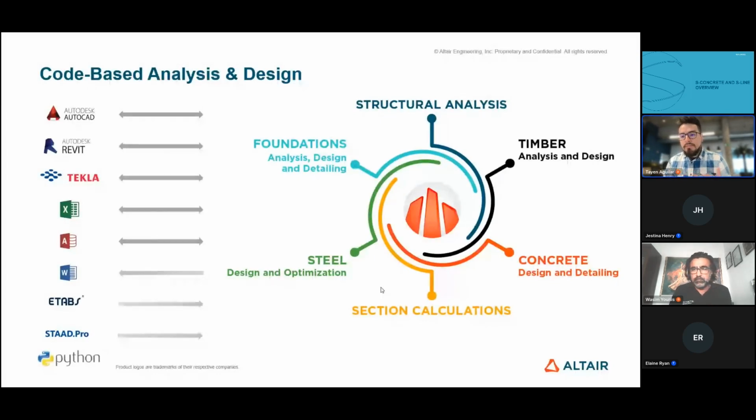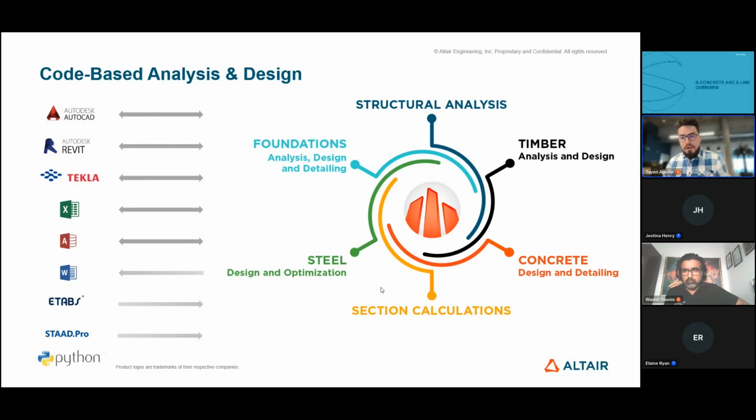At Altair, we have different sets of solutions for the AEC, and we like to divide them into two major playing fields. One is the code-based analysis, and the second one is the FEA analysis. Today, we're going to focus on the code-based analysis, but here you can see a diagram of how our solutions integrate and how they interact between each other.